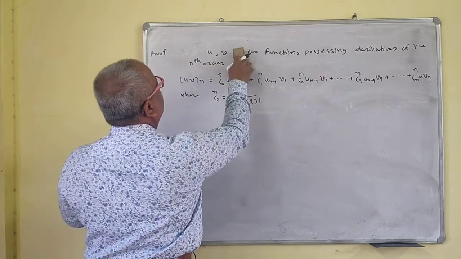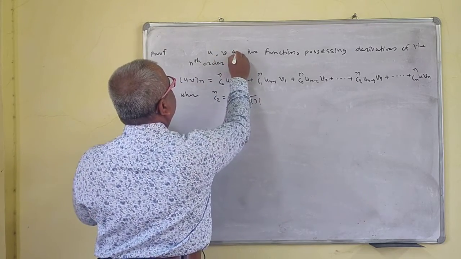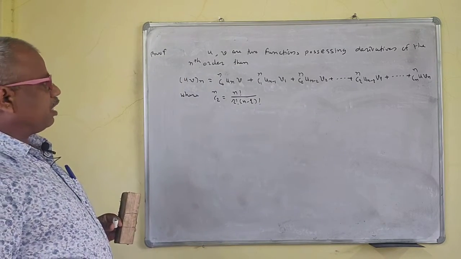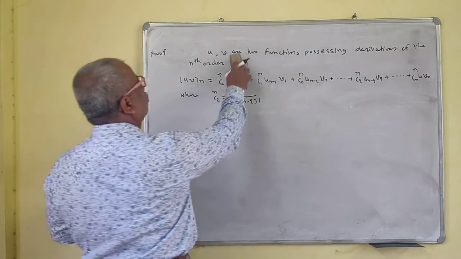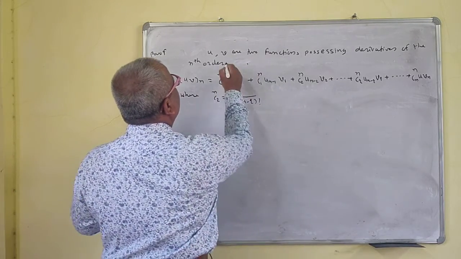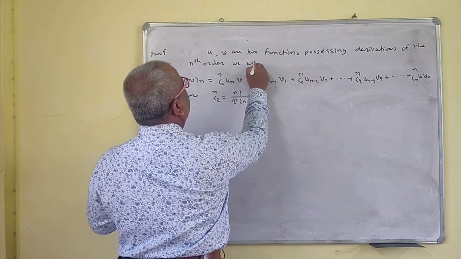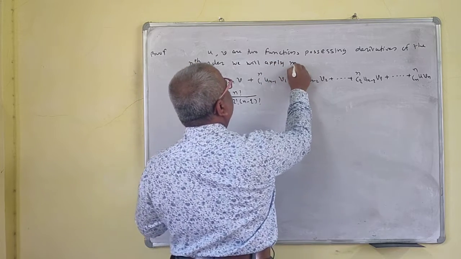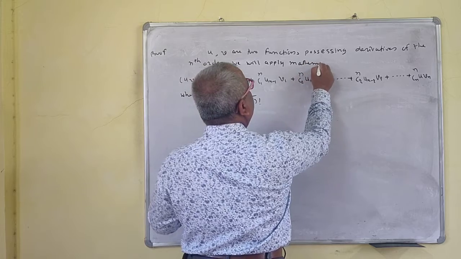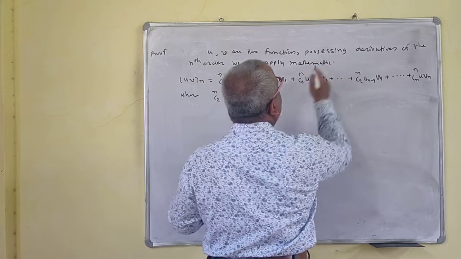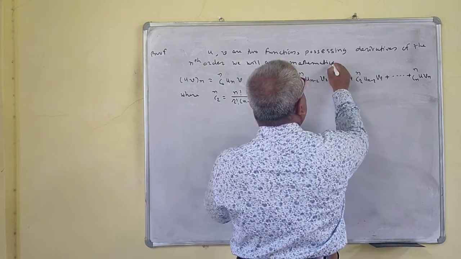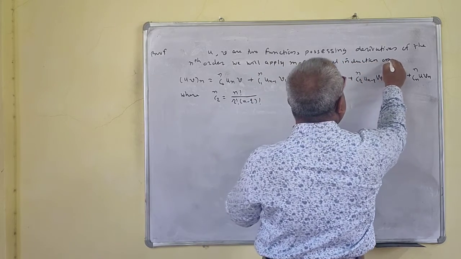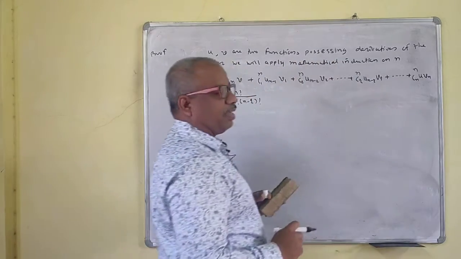So we will apply mathematical induction on n. Proof: u and v are two functions possessing derivatives of nth order. We will apply mathematical induction on n.